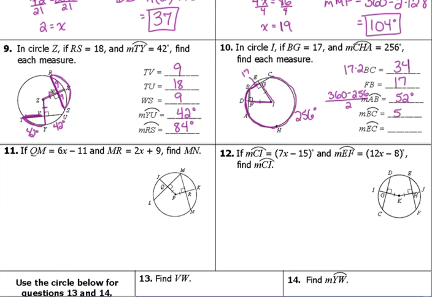BC, you just told me that they were the same, so it's also 52 degrees. EC, hopefully you can tell the difference between the B and the E. The E is between B and C, so that means it's half of that arc. So it's 26 degrees.